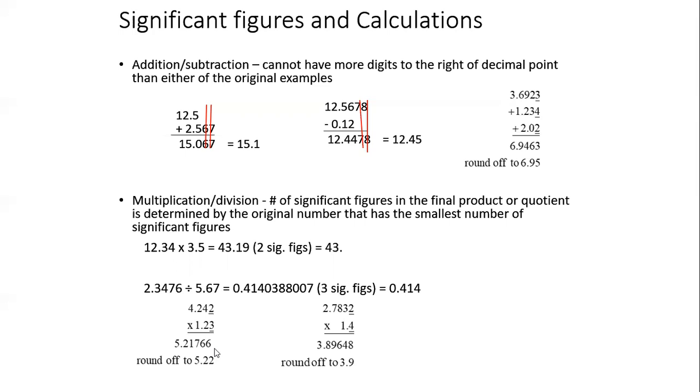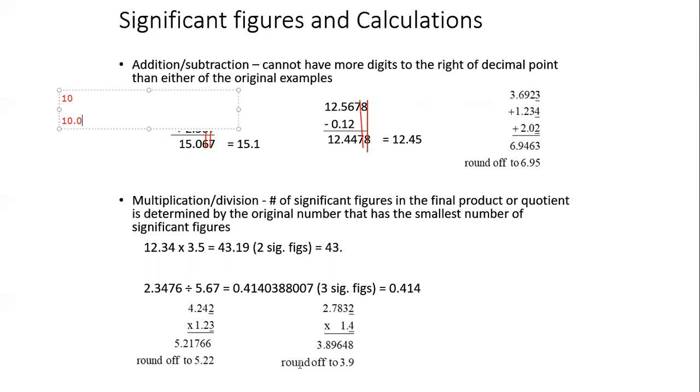So with addition and subtraction, the answer should have as many significant decimal places as the number in the operation with the fewest significant decimal places. What do I mean by a significant decimal place? To show you an example, if I wrote 10 and I wrote 10.0, 10 would only have a significant decimal place of the tens place.